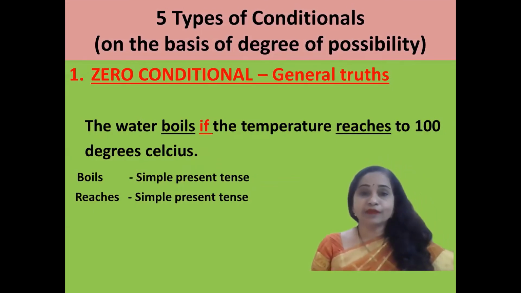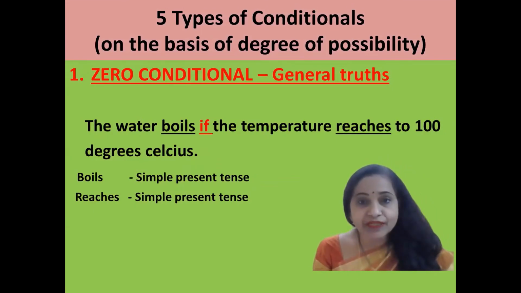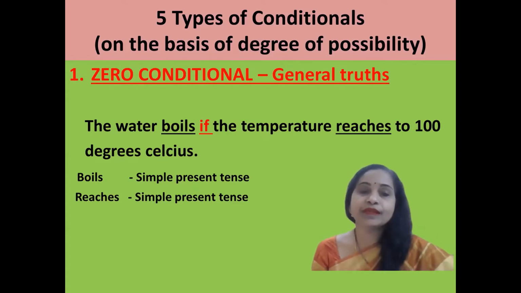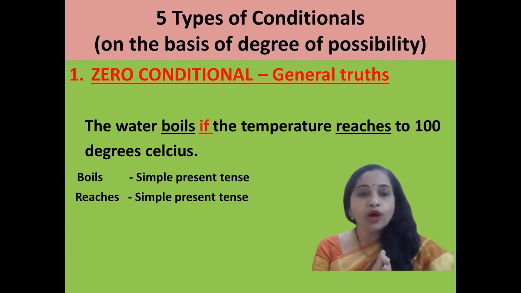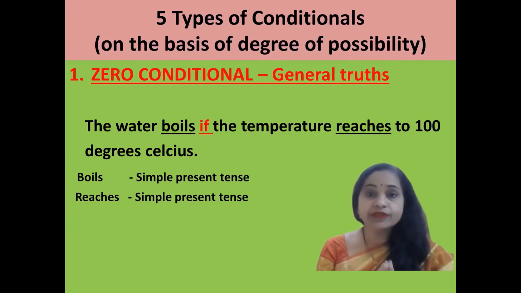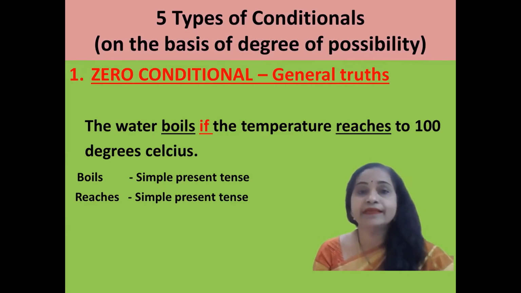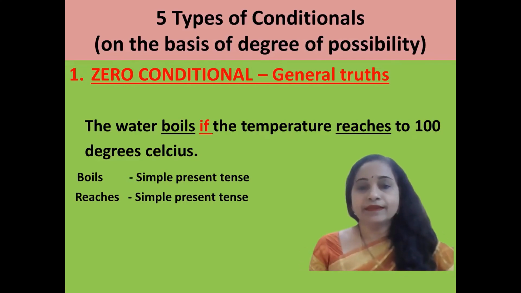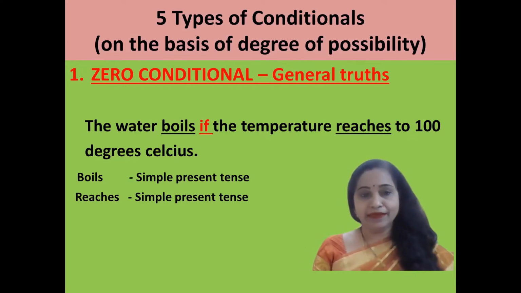Okay, the first one, as I told you, is the zero conditional, and it talks about general truths. So, for example, the water boils if the temperature reaches 100 degrees Celsius. It's a common thing. We all know that this is a very possible condition.